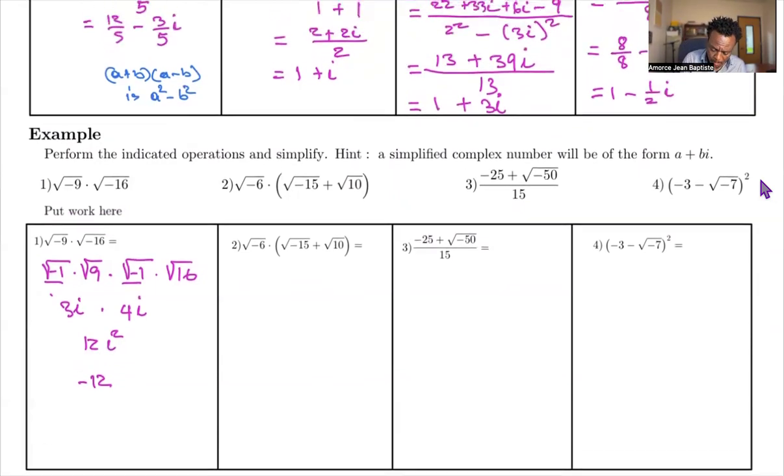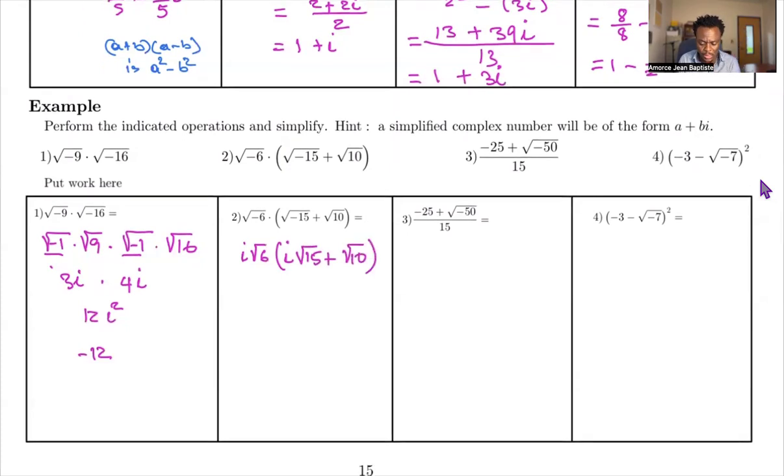So the same thing here. We're gonna distribute this. But before that, let's do this. That's i square root of 6 times i square root of 15 plus square root of 10. Now we're going to distribute i squared to 6, which is now i squared square root of 6 times 15.